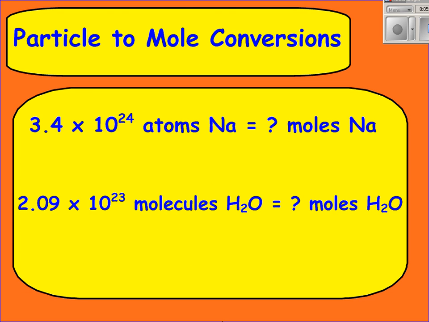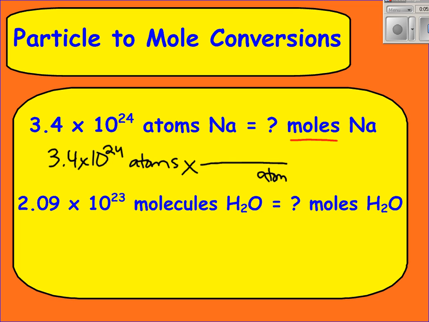Let's go the other way now and go particles to moles. You were given 3.4 times 10 to the 24th atoms of sodium and asked to convert that into the bulk unit moles of sodium. To start off, write out what you're given. 3.4 times 10 to the 24th atoms. Now that atoms is our starting unit, atoms needs to go on the bottom here in order to cancel, and moles goes on top.